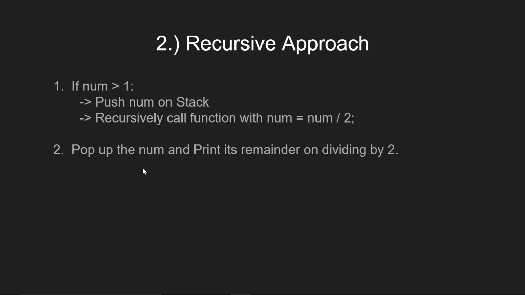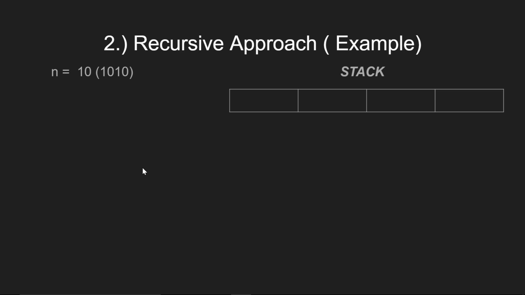Let's understand this with an example. Here we have an integer n equal to 10 having the binary representation of 1010. Also, the recursive stack is initially empty. Now, since 10 is greater than 1, we push 10 onto the stack and call the same function for n equal to 5.